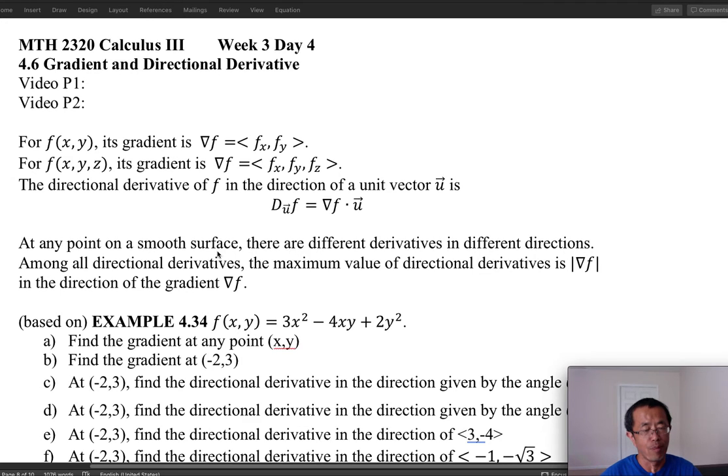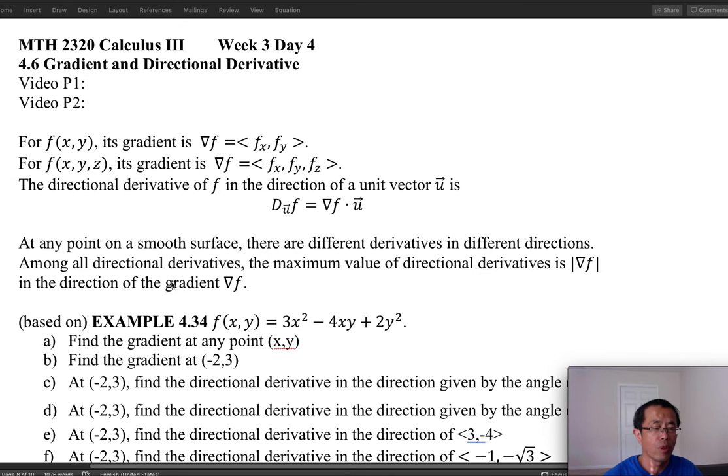The surface of the mountain is the surface we are talking about. So at a single point, you could go up, you could go down, and then you could go in any direction. There are different rates of change. So that is the thing. At a single point on a smooth surface, there are many different derivatives in different directions. That is the so-called directional derivative.